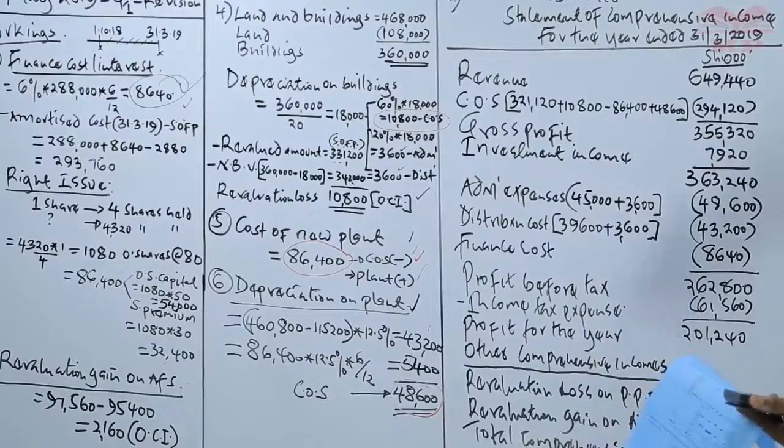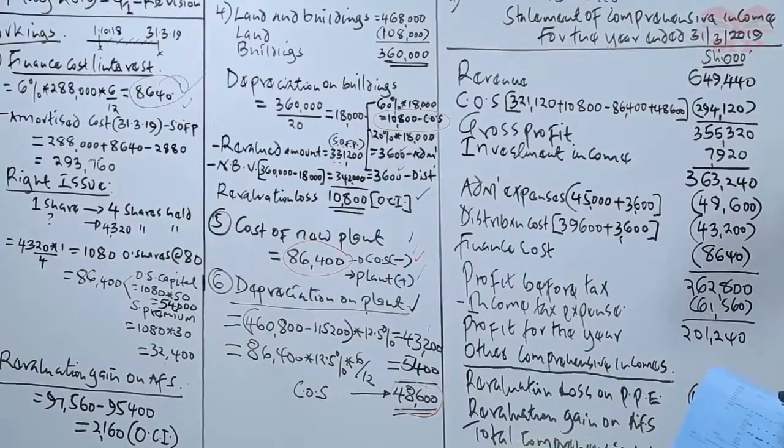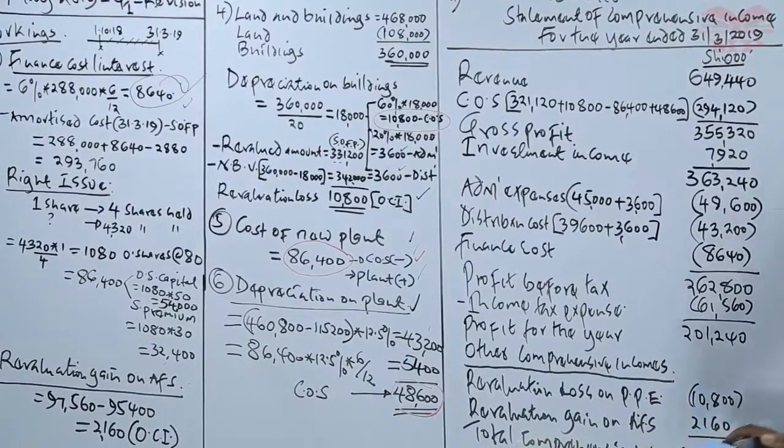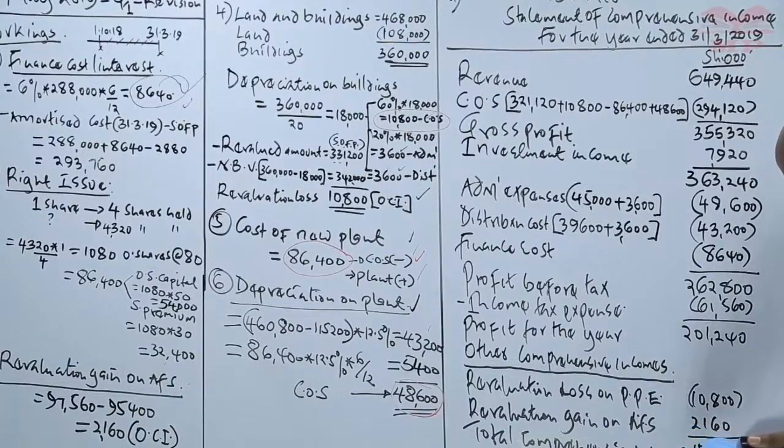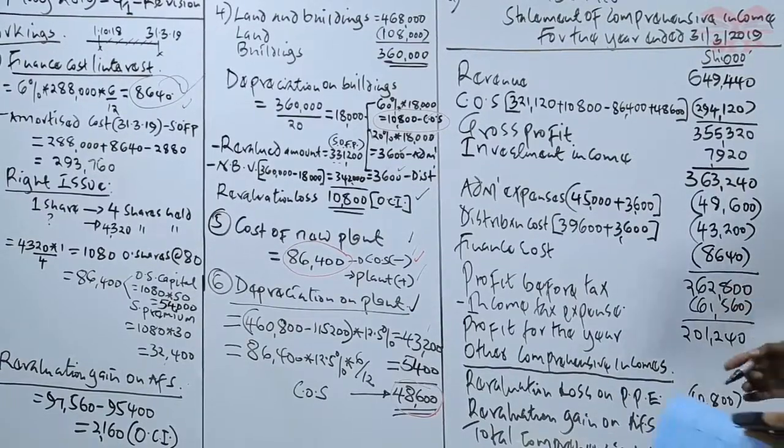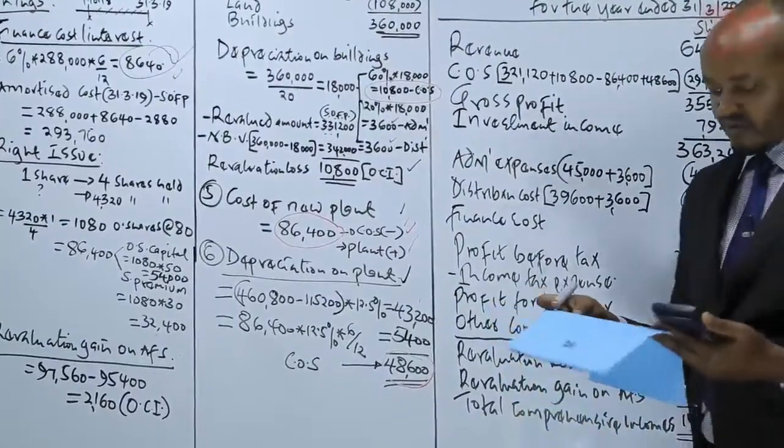So we add all that. We have 201,240 minus 10,800 plus 2,160. So that will give us a total comprehensive income of 192,600. Yes. So that is now the end of our statement of comprehensive income.